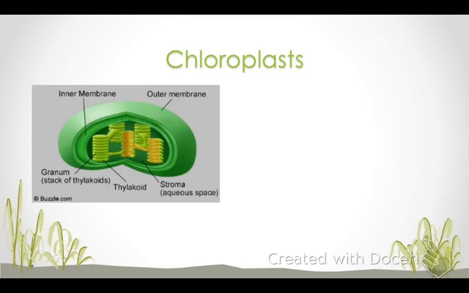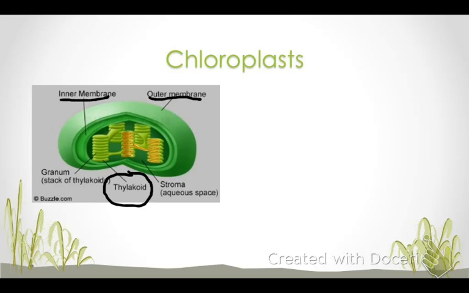If you remember, chloroplasts deal with collecting solar light and converting it into energy and eventually into glucose. In the chloroplast, you can see there are two membranes, the inner membrane and the outer membrane. Not a whole lot occurs really there. The one we're most worried about is the thylakoid.